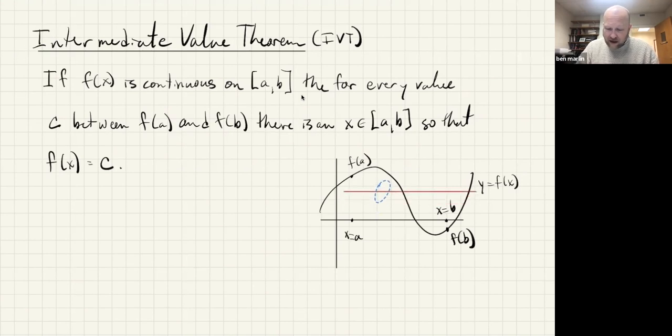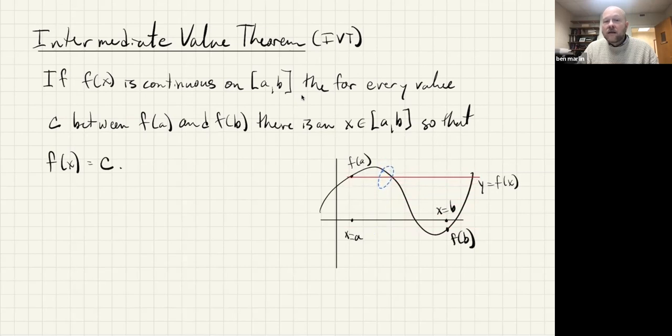The other thing is I could have any value between f of a and f of b. Now notice that here, if I put my horizontal line above f of a, I still have solutions, but I wasn't guaranteed that by the theorem.